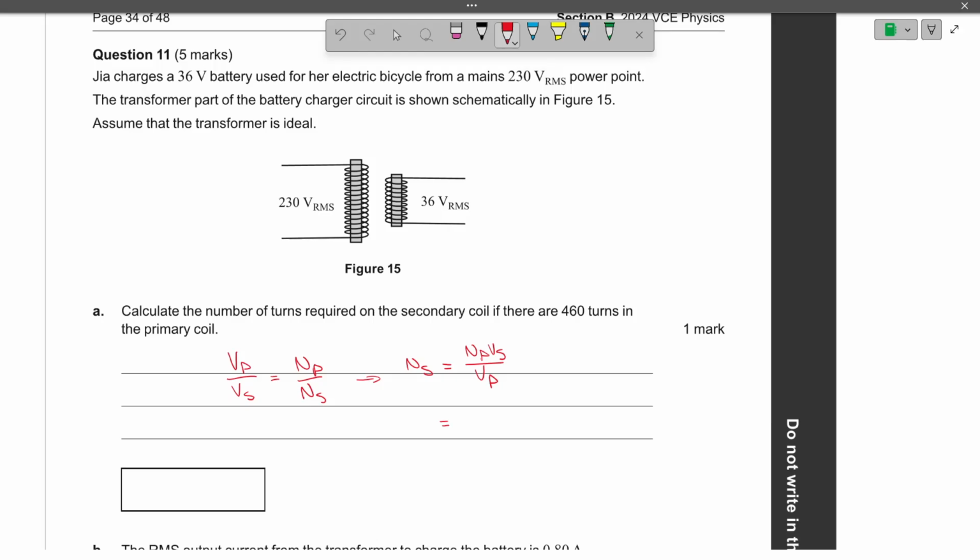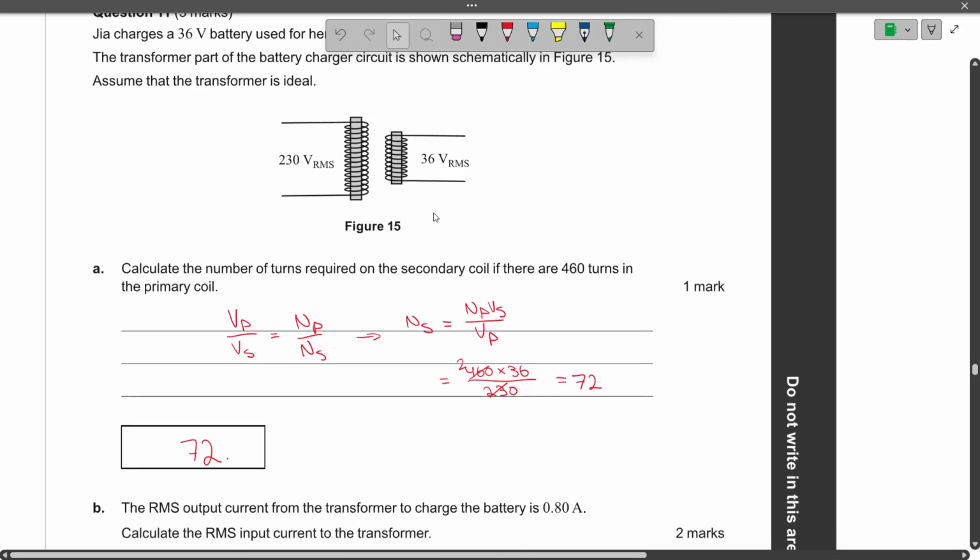NP is 460, Vs is 36 and Vp is 230. Even if you didn't have a calculator, you could probably work this out. 72, because that cancels with that. That becomes a 2. 2 times 36 is 72. And there you go, done. 1 mark, less than 1 minute.